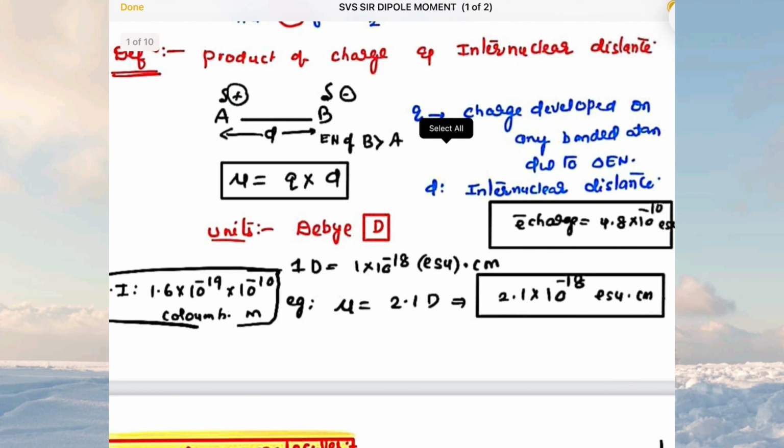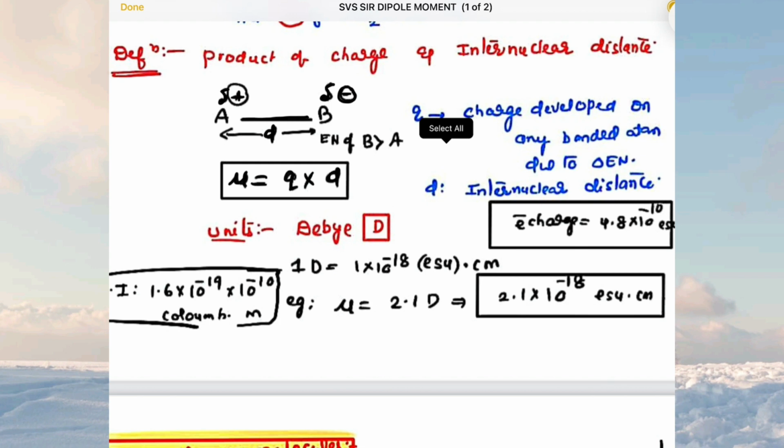For example, A and B, two atoms we have. The distance between those two will be represented with d. For example, B is more electronegative, therefore it gets a partial negative charge, A gets a partial positive charge. Dipole moment equals Q into d.